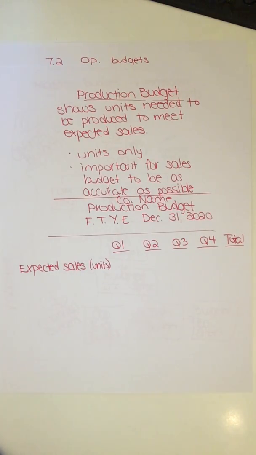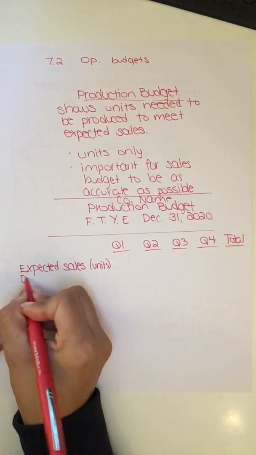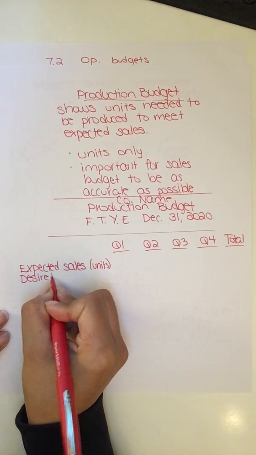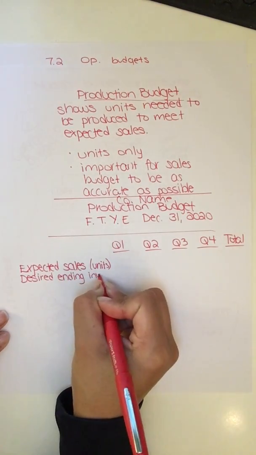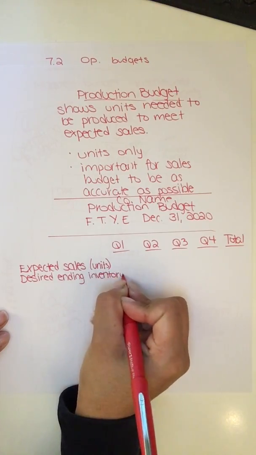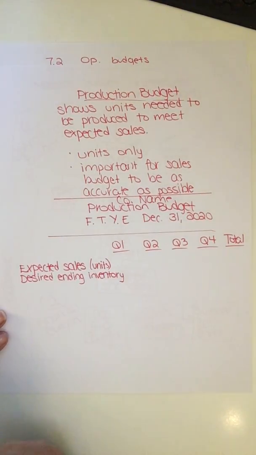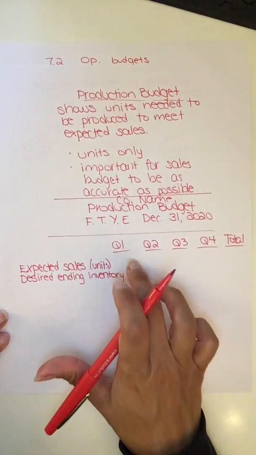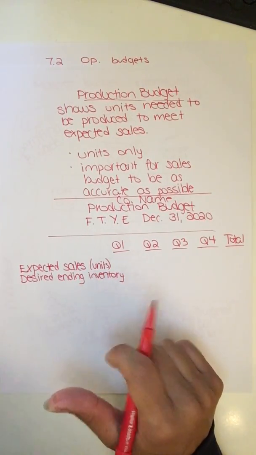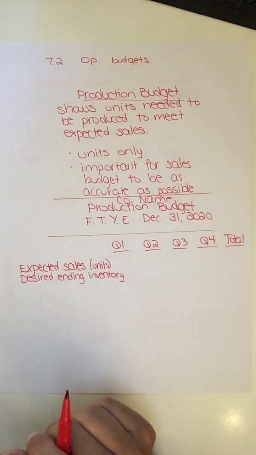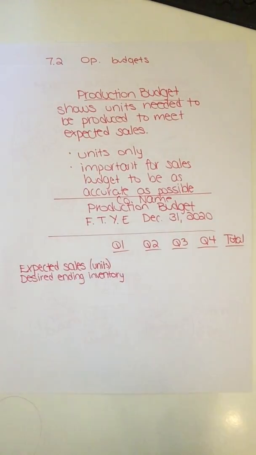All right, after that comes the company's desired ending inventory. A lot of times managers will refer to this as safety stock. Basically, this is what they expect to sell, but they want to have a little excess, a little cushion in case they sell more, right? They don't want to turn customers away and say, sorry, we don't have any units left for you, because you might lose those customers for good, right?